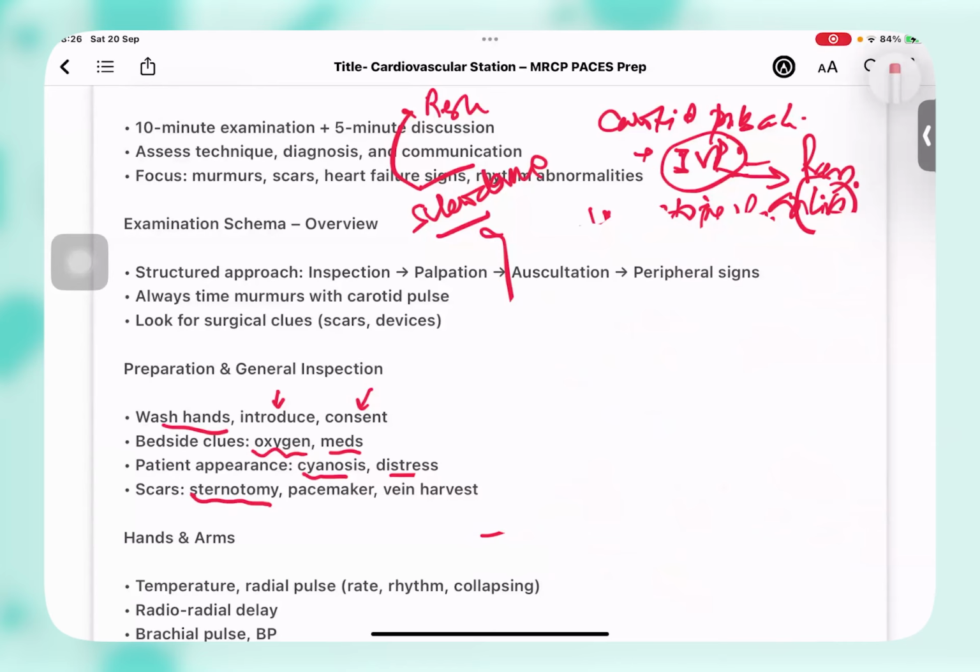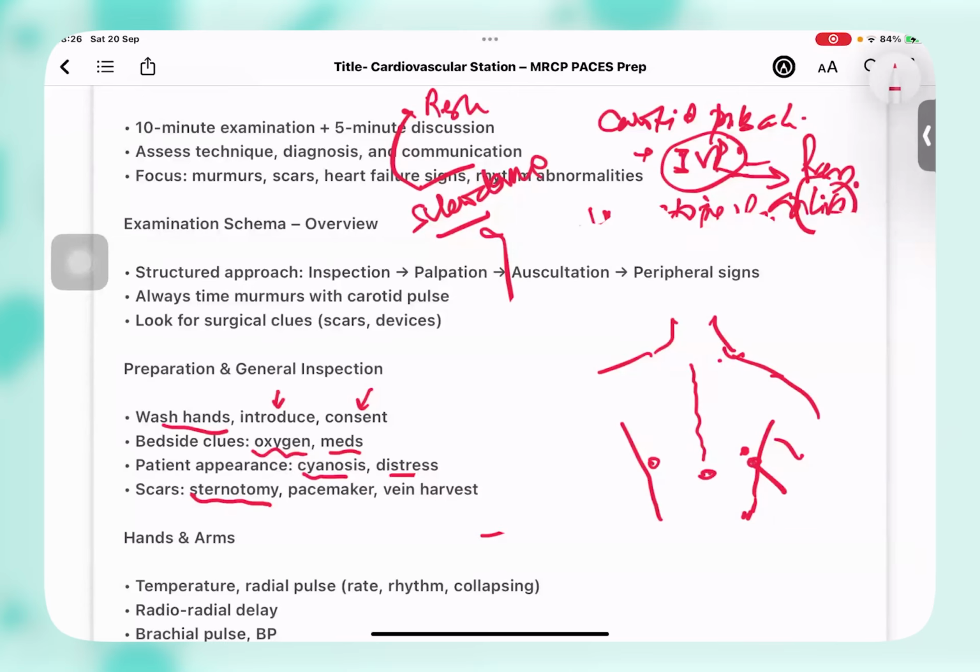So now that we are on the chest part, what you look for is, number one, the apex beat, any mid-sternotomy scar, and any chest tube scars, which are usually 1, 2, 3 in number.